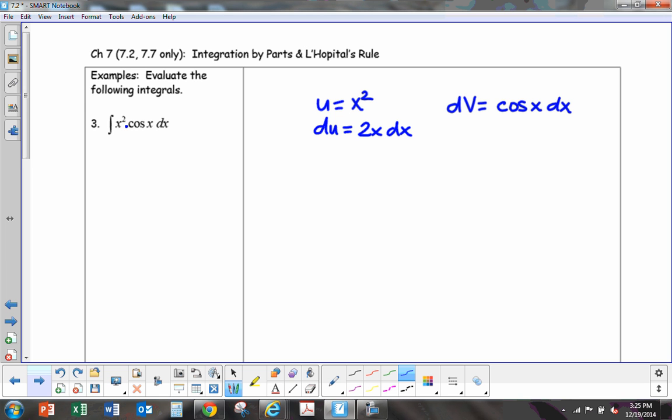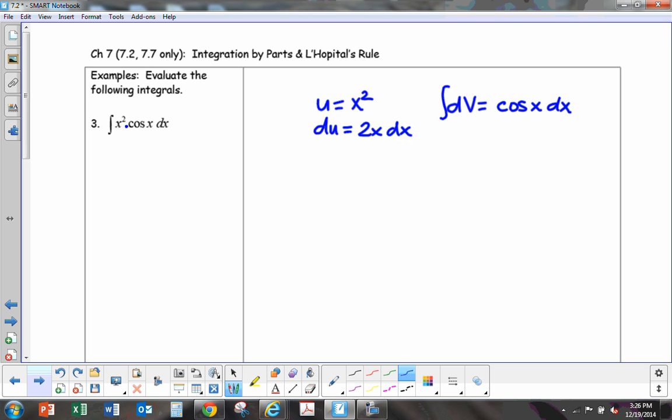You've knocked the power back by 1. And we'll see this. Sometimes you have to repeat the integration by parts process. So it's nice if you can let the u be your x squared or x to the third or something like that, where you knock the power back every single time, because eventually you would get to where you differentiate and just get a constant. And that's easy to work with.